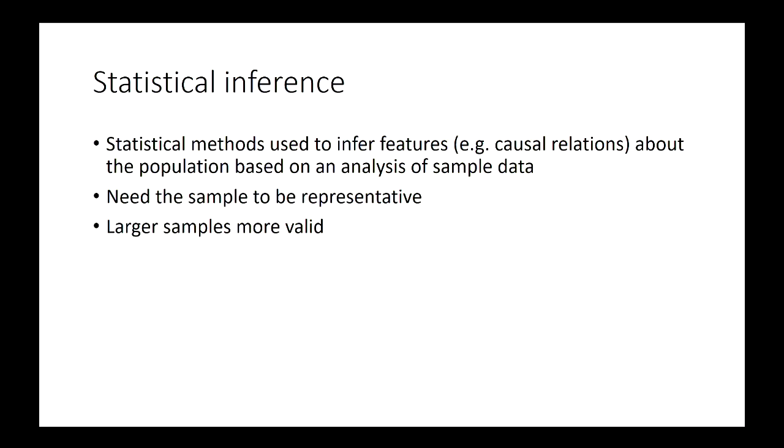Again, you can use statistics to judge that. How likely is it that what you found for this sample is true of the larger population? There are statistical ways of doing it, and I won't go into those. This is not really a class about statistics, but you should be aware of that problem. Generally, like you said, the larger the sample, the more representative it is of the larger population, and the more likely it is that what you find in the sample is true of the larger population.